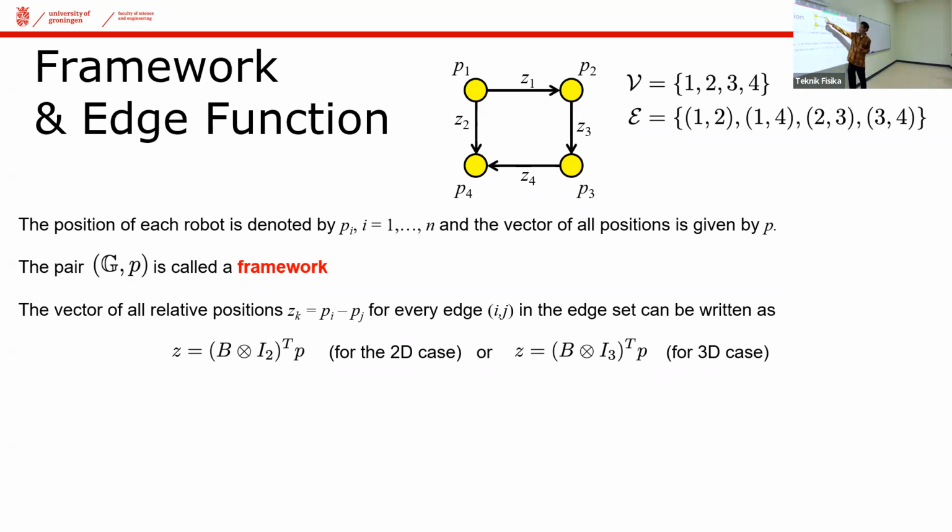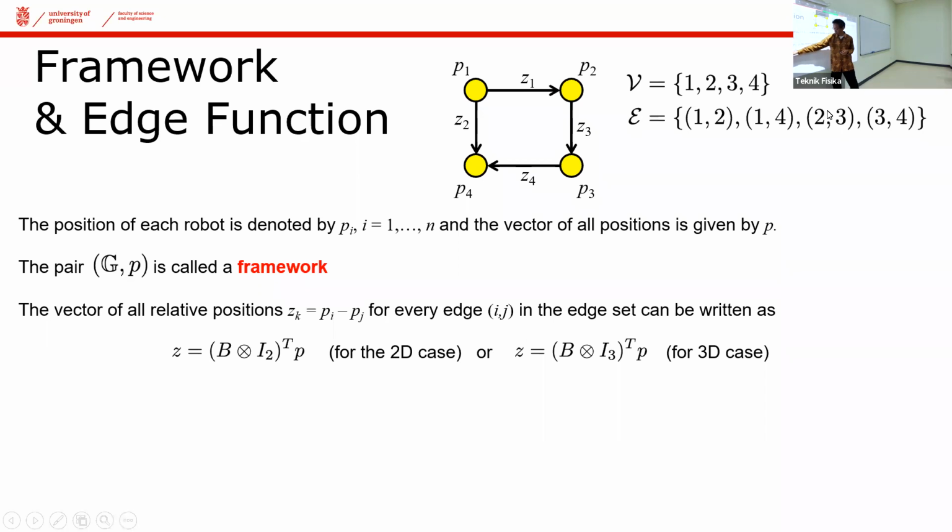So that means at the first edge, which is Z1, it is P1 minus P2, because the first edge is between i and j. So this is P1 minus P2. And in that case, the way we can write it down in a compact way is by using the incidence matrix as we used before, multiplied by the Kronecker product with the identity of dimension 2.